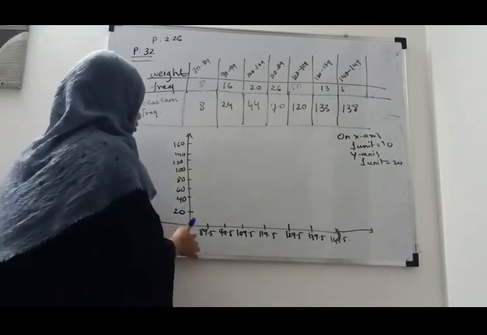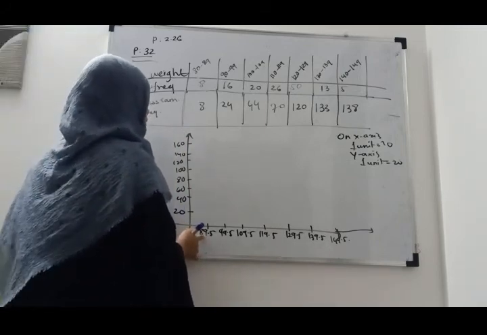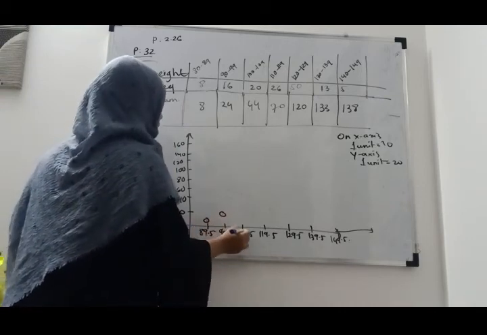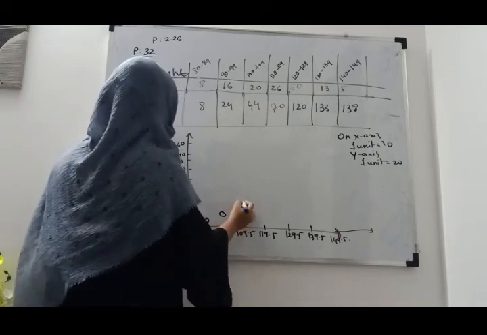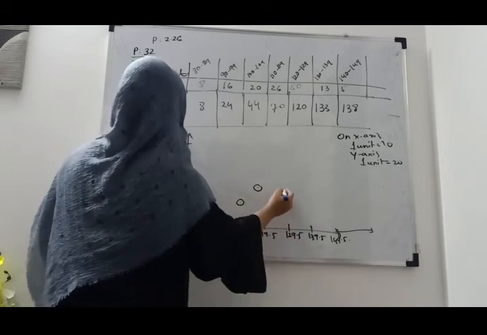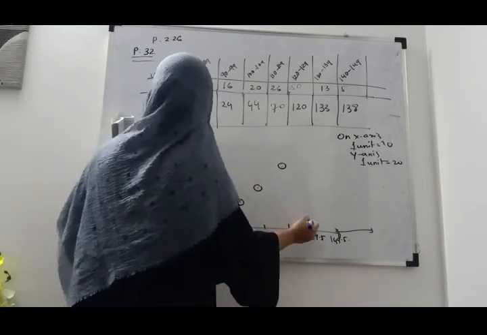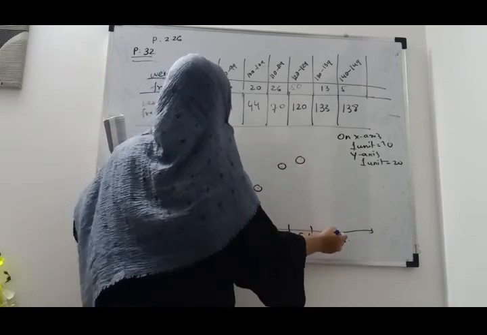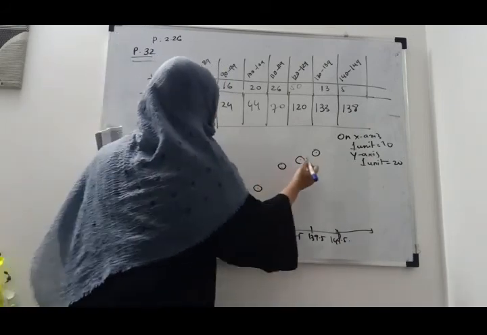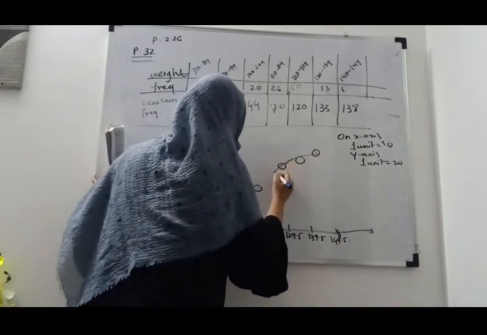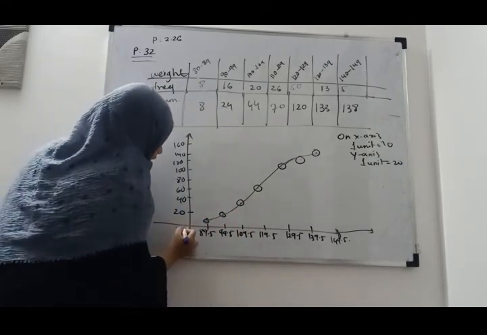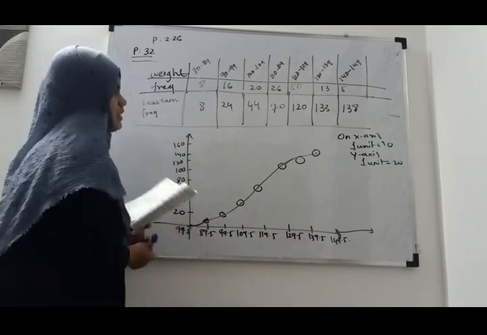For the first class the frequency is 8, then for the second 24, for the third 44, then 70, 120, 133, 138. To connect this, we will take the preceding class 79.5 with frequency 0.